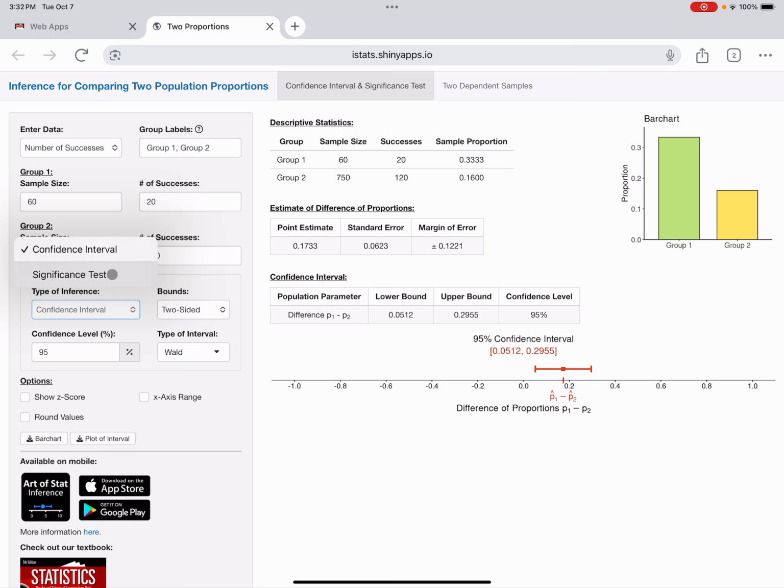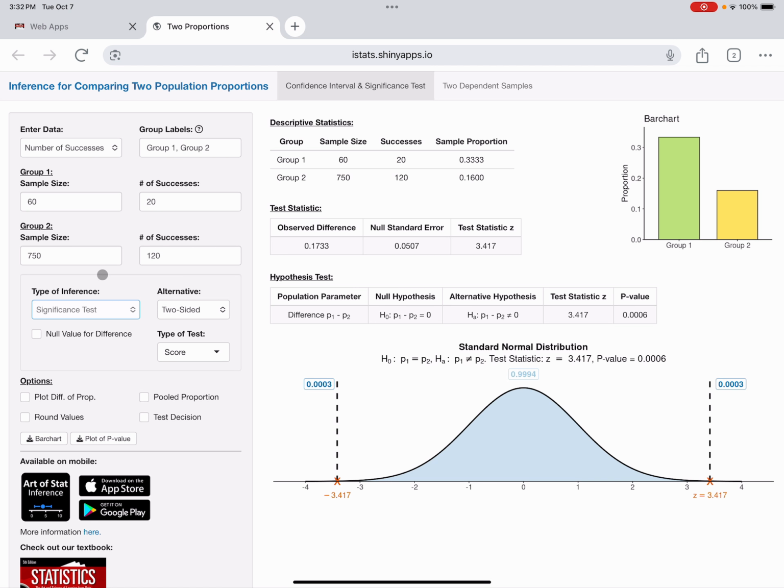We don't want a confidence interval just yet. We want to run a hypothesis test. So I'll choose significance test. And you don't need to check this box or anything. You can just leave that as is. The only thing you do need to change is the alternative. We wanted to know if group 1 had a larger miscarriage rate than group 2. So make sure that this alternative is going the right way. You can see the alternative hypothesis here.